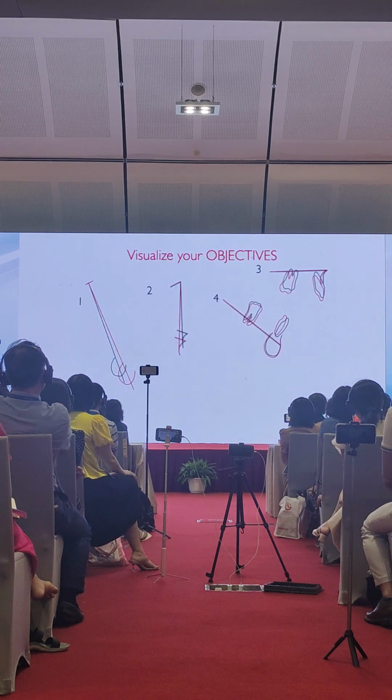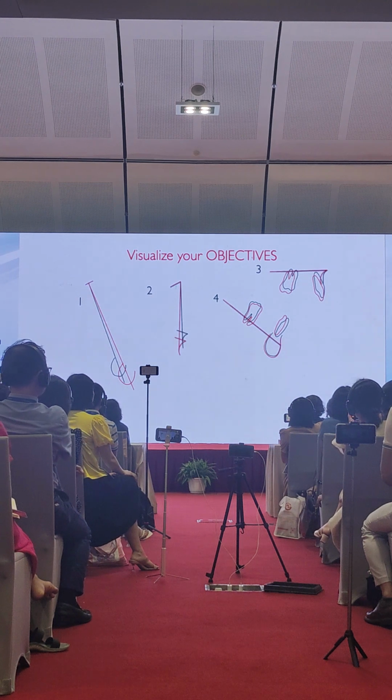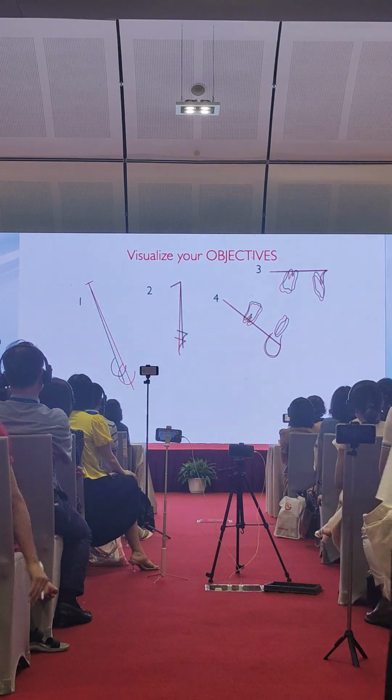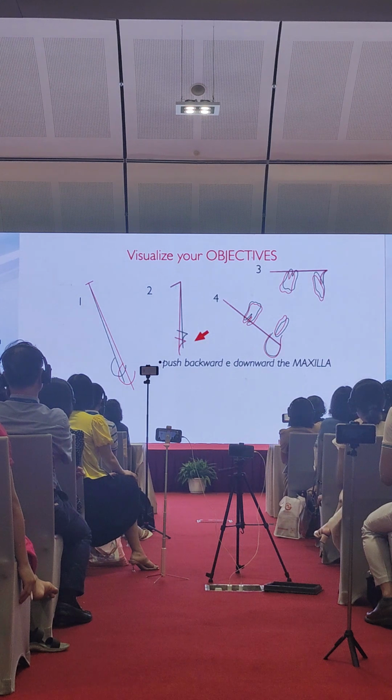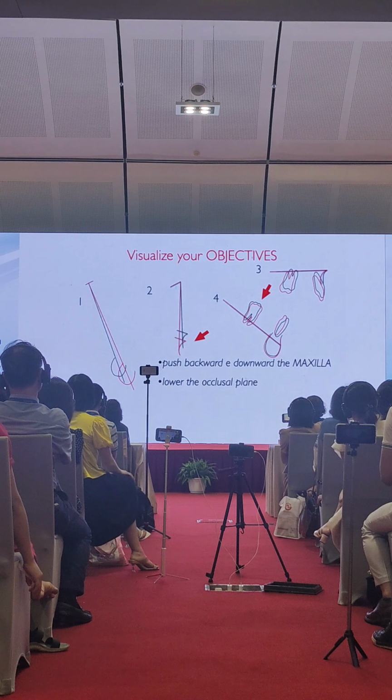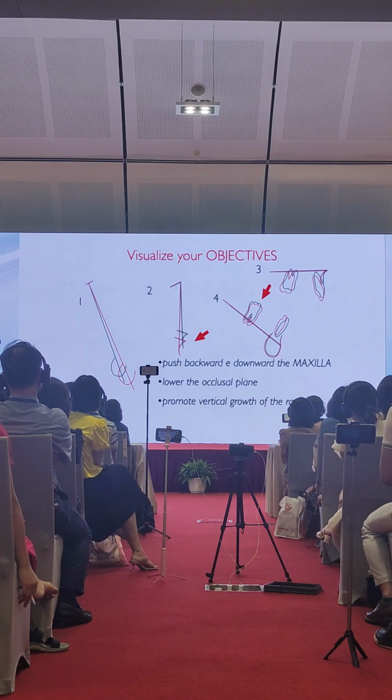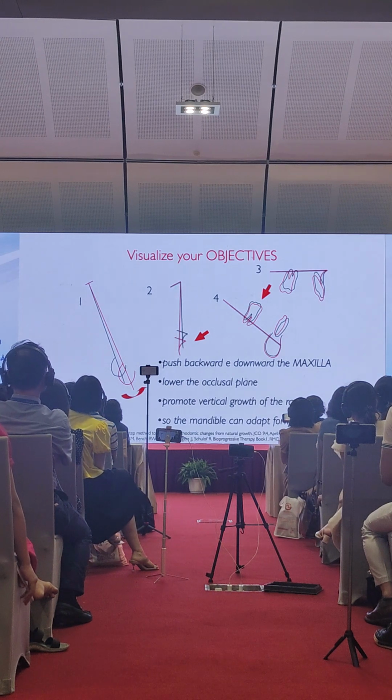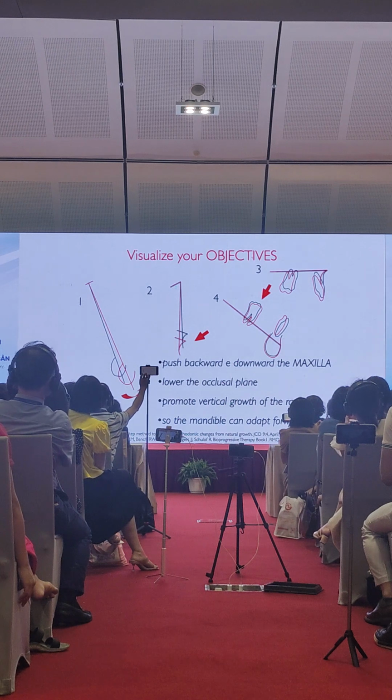So the challenge: if this can occur in the after-growth, can you apply these things from the permanent dentition? First of all, in the growing patient, you push backward and downward the maxilla, lower the occlusal plane, promote the vertical growth of the rami, and so the mandible can adapt forward.